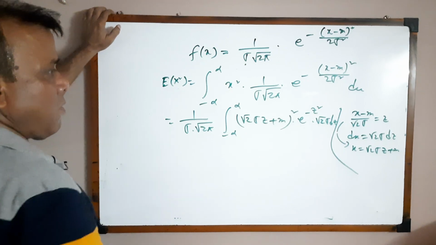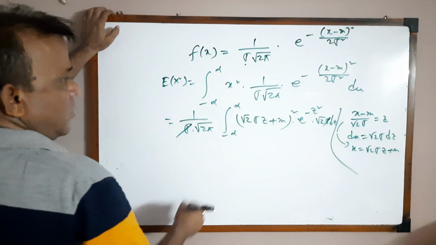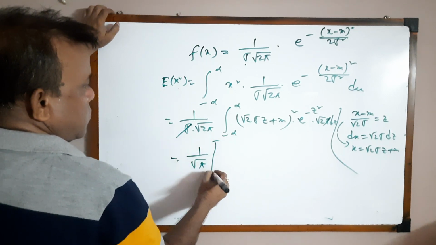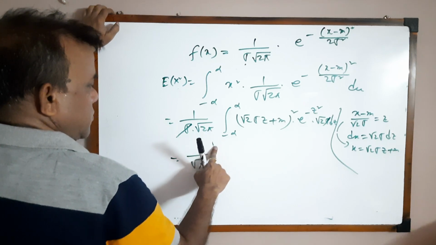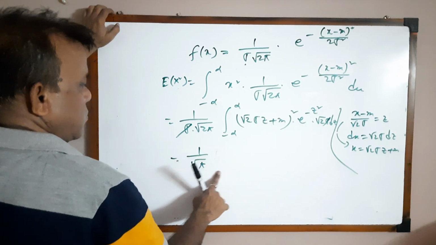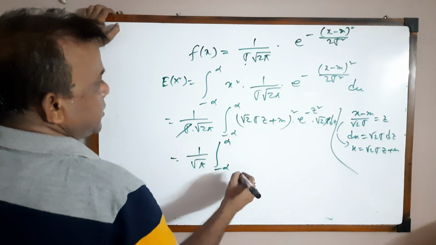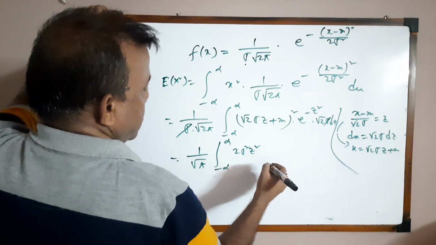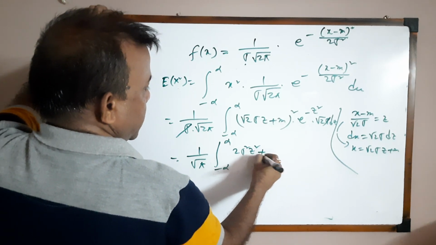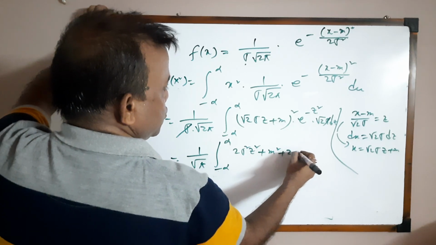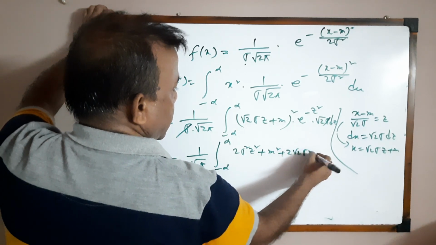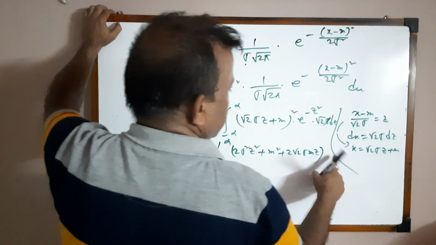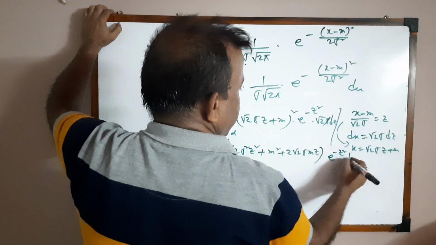Okay, 1 by root over of pi, integration of minus infinity to plus infinity, 2 sigma square z square plus m square plus 2 root 2 sigma m z, into e to the power minus z square dz. Okay.